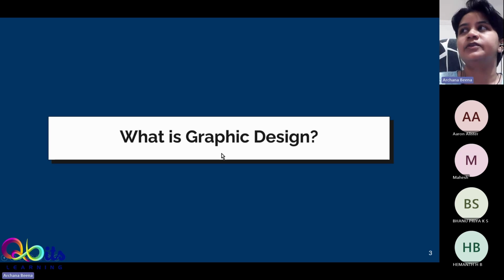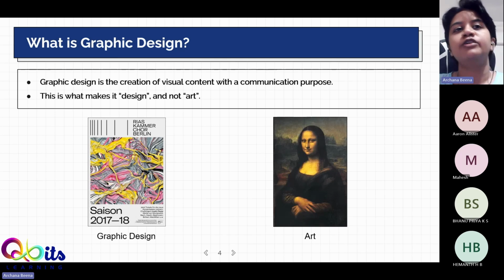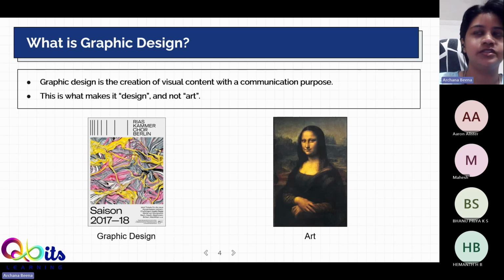Okay. So graphic design is basically the creation of visual content with the purpose of communication. So that is the only difference that sets apart design from art. Art is basically what you would call creative expression. Art is done to express your own self, and it is done to evoke emotions.